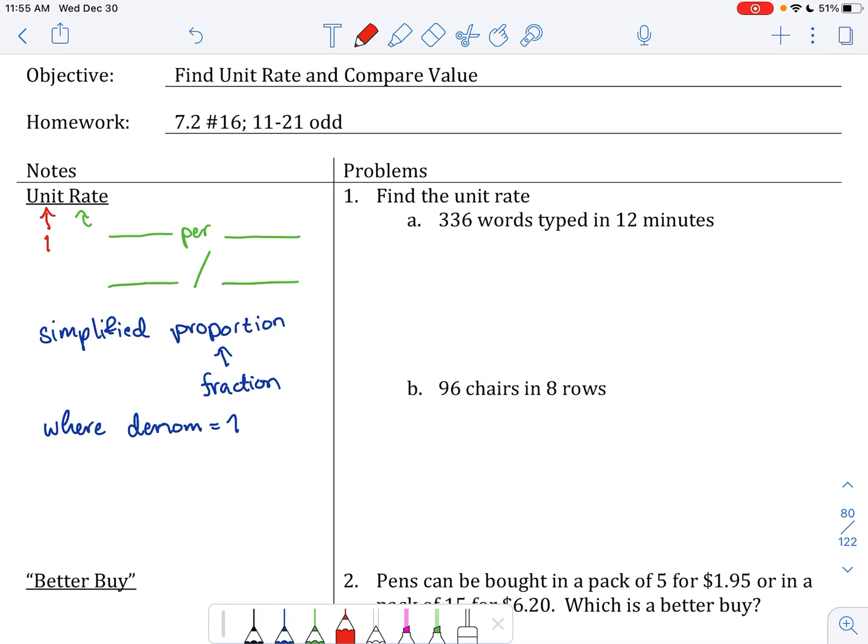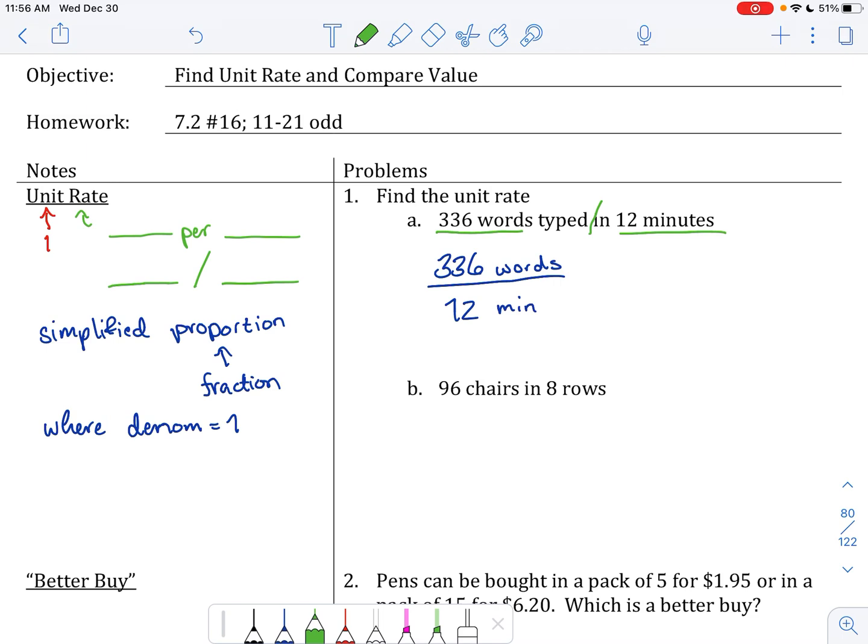So here, it says find the unit rate for 1, A and B. A, find the unit rate if there are 336 words typed in 12 minutes. So here we have our words per minute. I'm going to set it up as the unsimplified proportion to start out with. So 336 words per 12 minutes. And as I said, you want the denominator to equal 1.